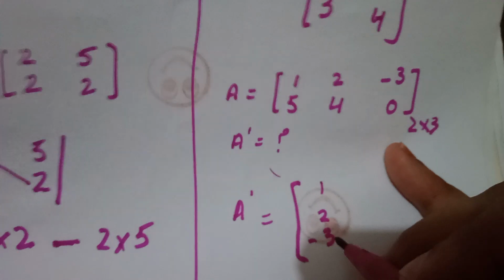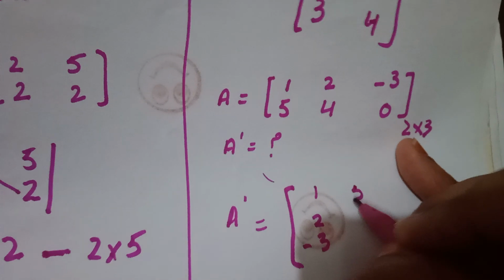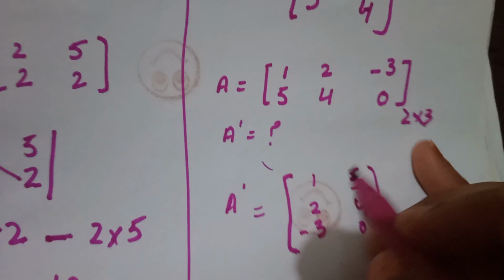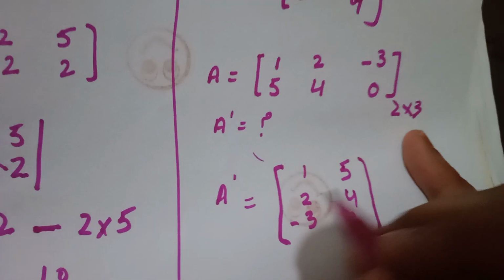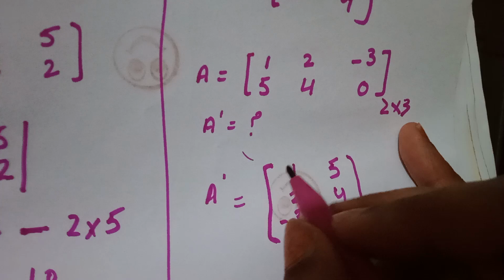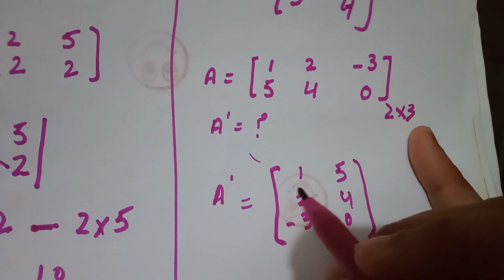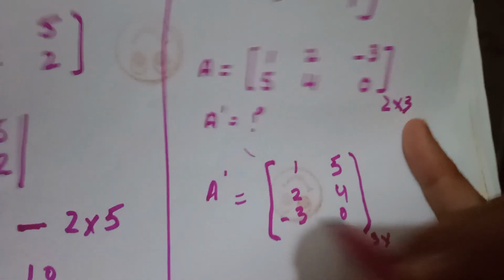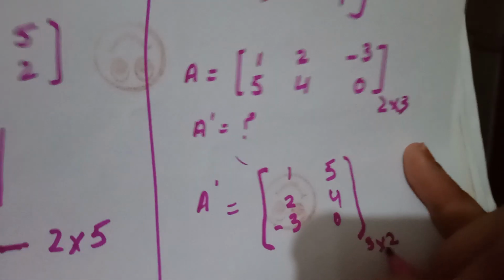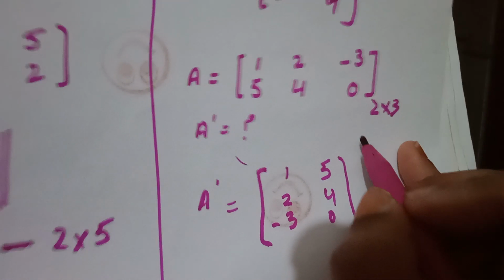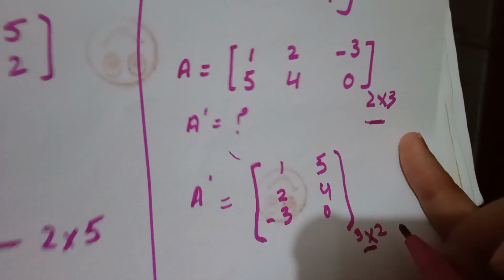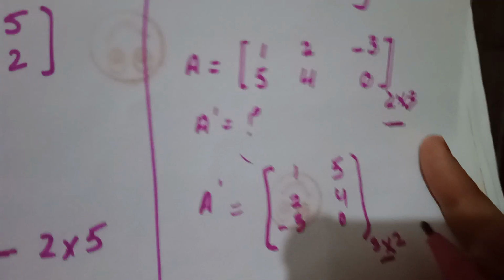Now we will write it as a column, 5 4 0. Here again check how many rows now: 1, 2, 3. How many columns? This matrix has 3 rows and now 2 columns, and you can see that we changed rows into columns and columns into rows.